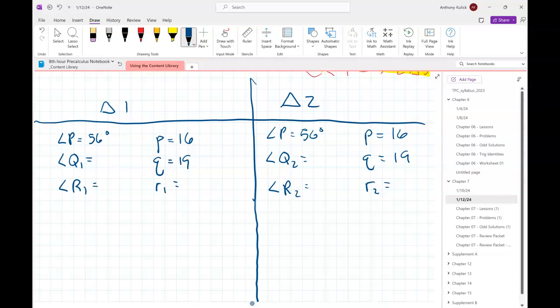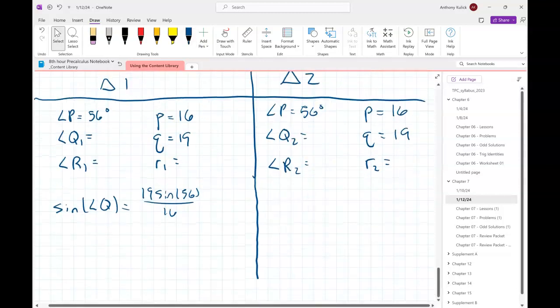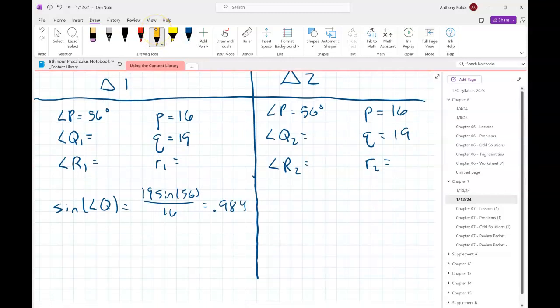So I'm going to start in triangle 1, where we left off before, where we have that sine of angle Q is equal to 19 sine 56 over 16, or 0.984. How do we get rid of that sine in front of angle Q?